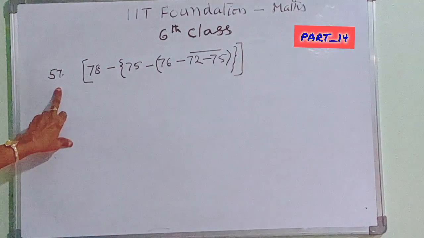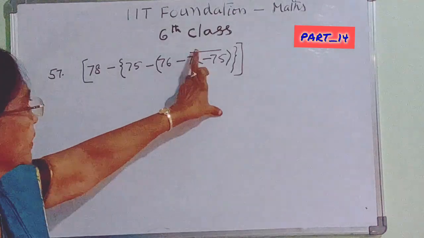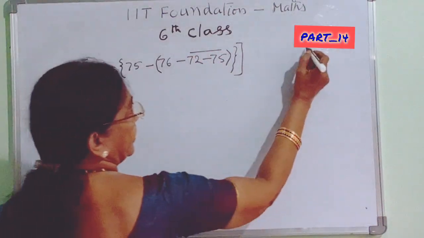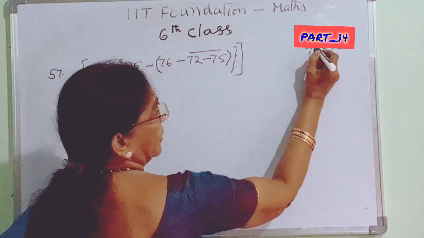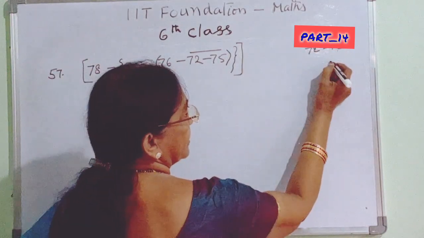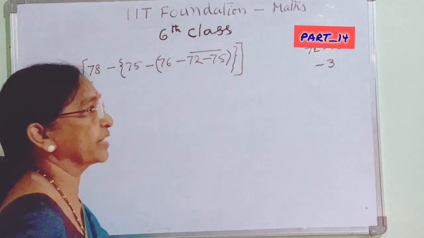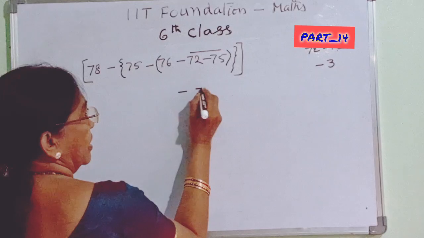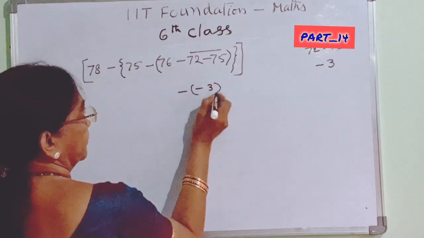So next, the 57th problem. We have to open this vinculum first. 72 minus 75. The greater number, 75, has a negative sign. Therefore, the difference is 3 and we get a negative sign. Already there is a negative sign, so minus of minus 3.